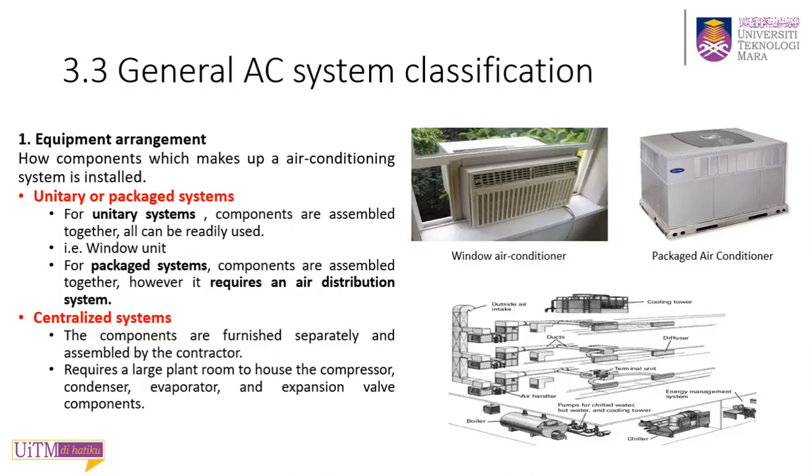For unitary or package systems, in terms of components, they are all arranged as one package. However, for installation, unitary systems can be used readily, while package systems might require an air distribution system to distribute the conditioned air. For centralized air conditioning systems, the components are installed separately.